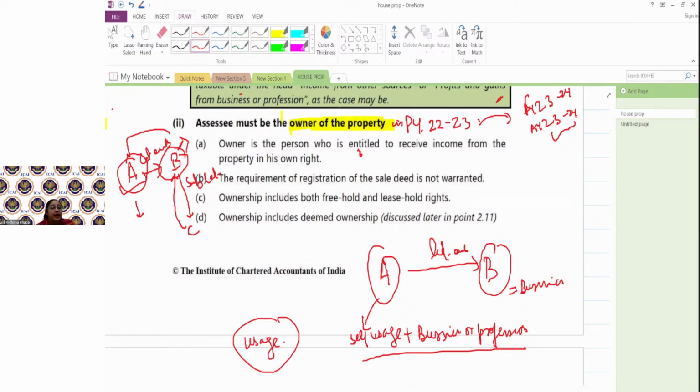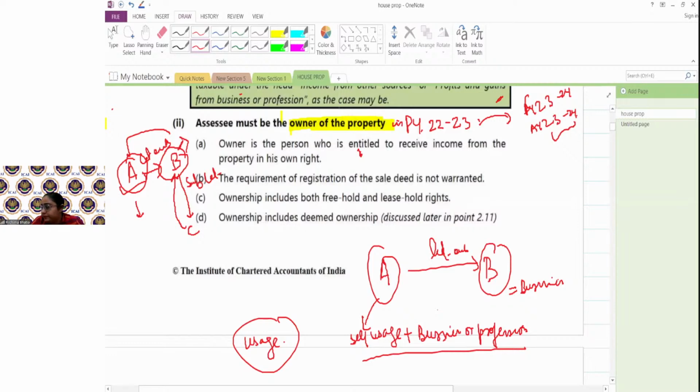Self usage है, and वो usage है for the purpose of business or profession of the owner itself. That means he's using that property for the purpose of business and profession, and उससे जो income आएगा, he would be offering it under the head income from business or profession. So that becomes an exception to the chargeability section, and it would not be considered as income from house property, self usage and use for business or profession of A. सामने वाले को when I let out, whatever purpose he is using it for does not matter.